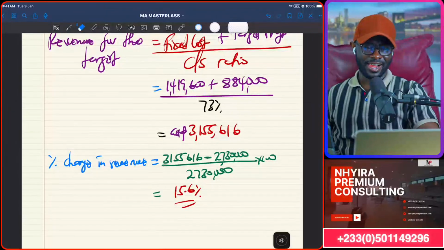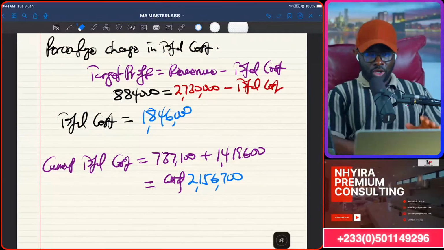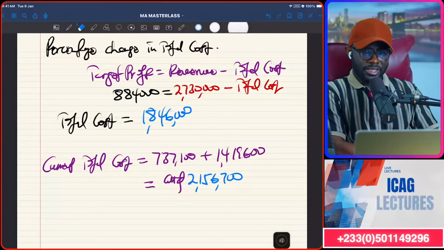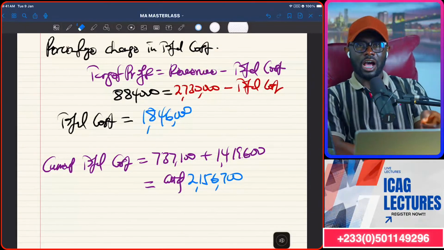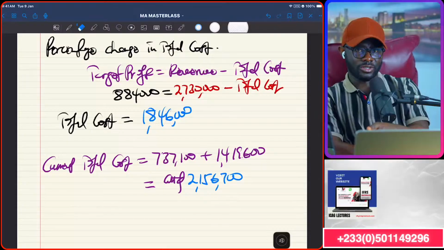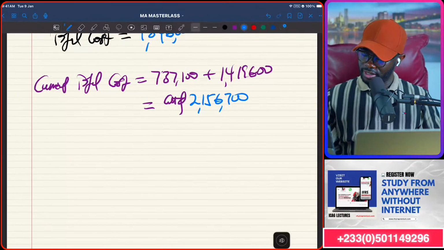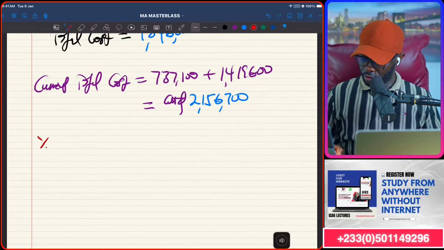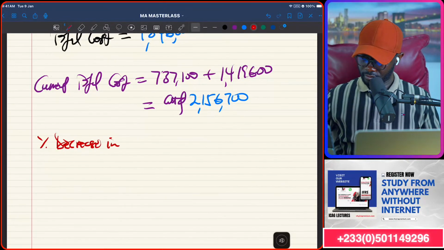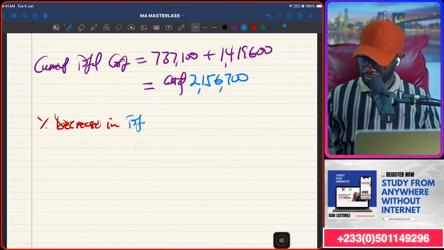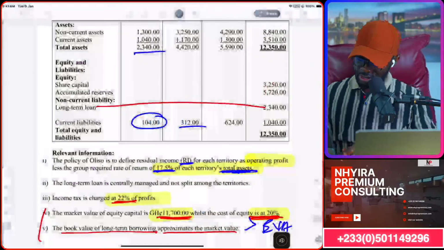All right. Okay, so let's go. So our current total cost is 2,156,700. But then our new total cost is 1,846,000, right? So what it means is that our total cost must decrease by how much? So percentage decrease in total cost. Give me a sec.